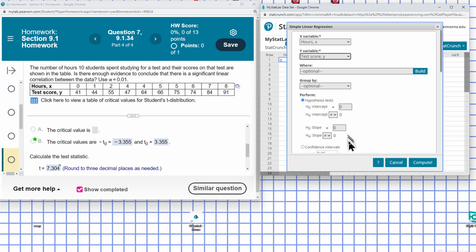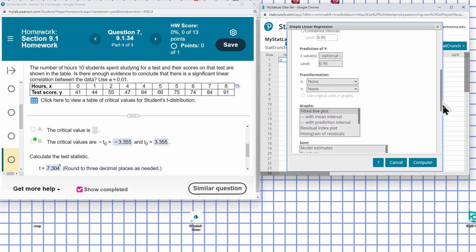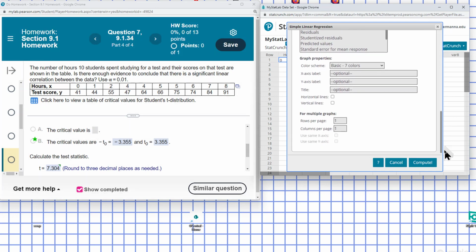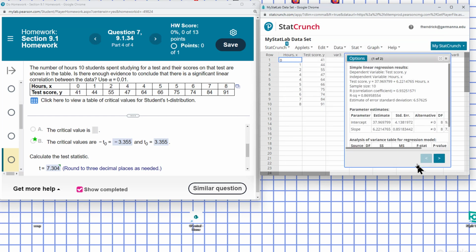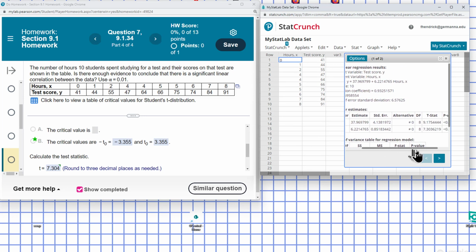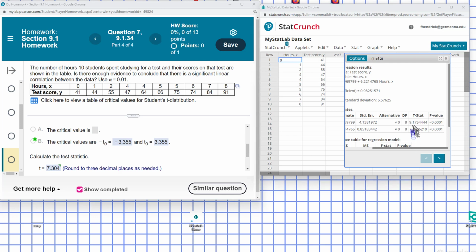It's already set up there, and then we hit compute. We're interested in the test statistic that goes with the slope, and that would be located right here.